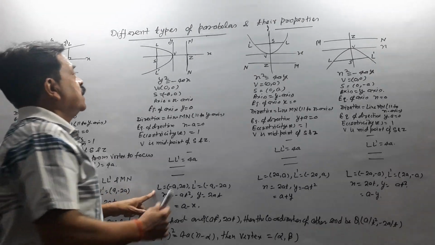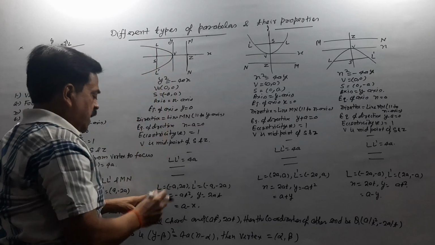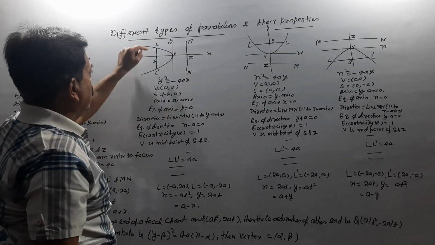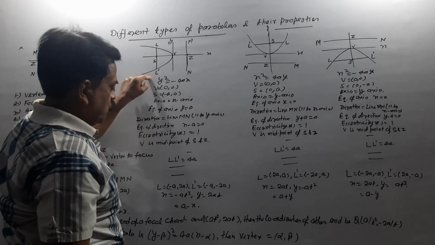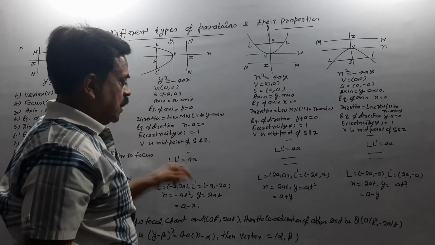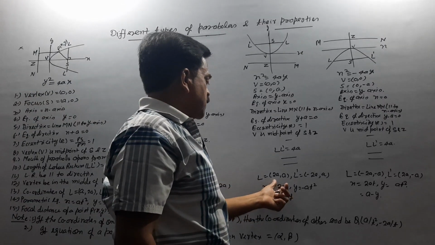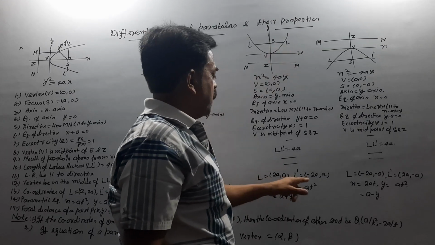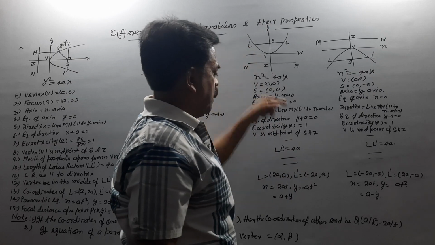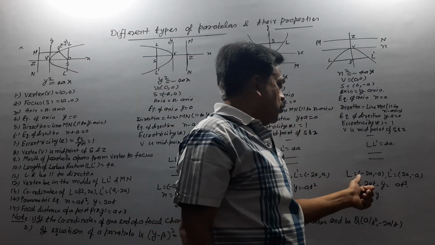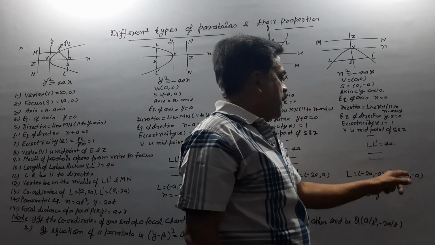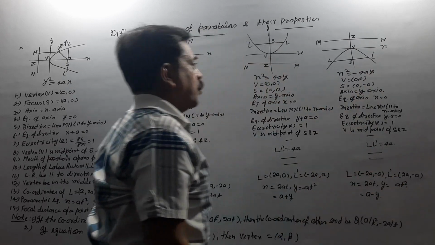Similarly, the coordinates of L and L dash are (-a, 2a) and (-a, -2a). In the 3rd case, the coordinates of L are (2a, a) and L dash is (-2a, a). In the 4th case, the coordinates of L and L dash are (-2a, -a) and (2a, -a).